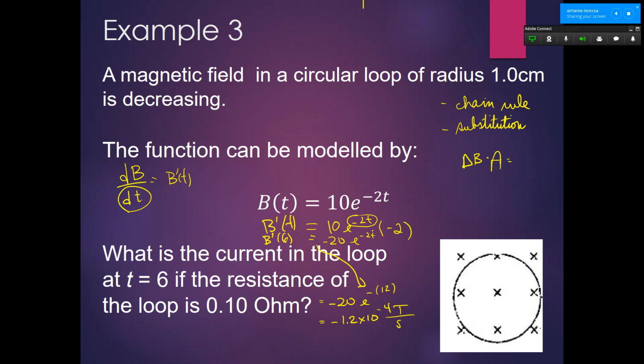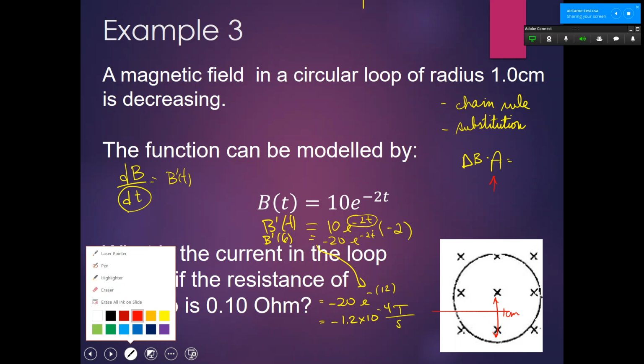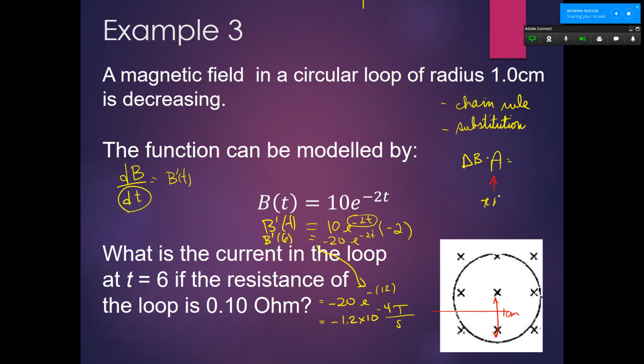And the area, well, we know that because it's got a radius of 1 centimeter. So what's the area of a circle again? Pi r squared. Pi r squared. Don't forget to keep that in meters.